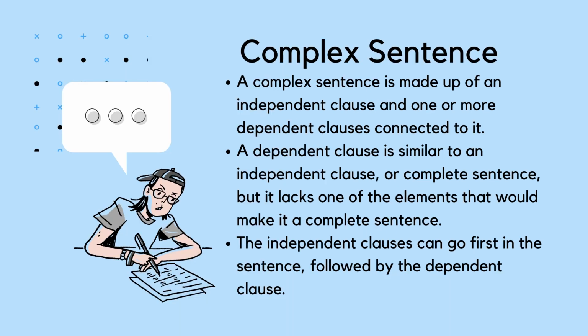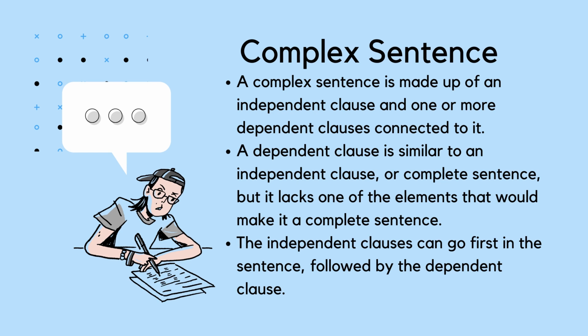Next to that, let us see the complex sentences. Starting with the definition, a complex sentence is made up of an independent clause and one or more dependent clauses connected to it.